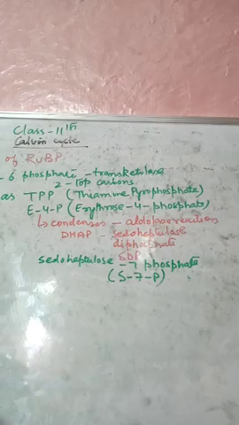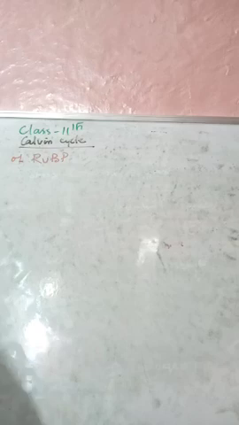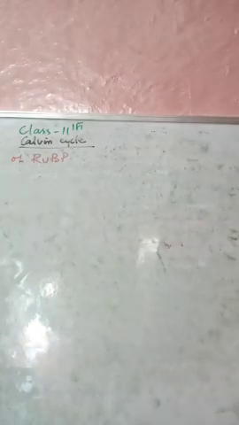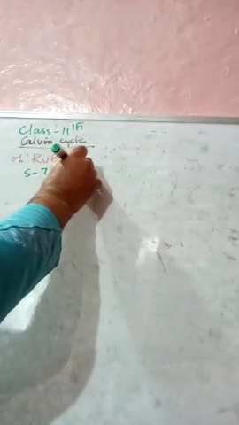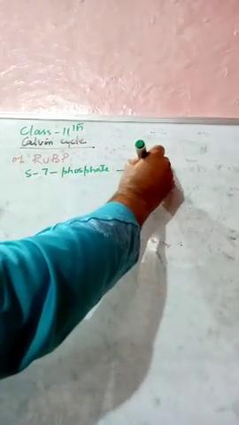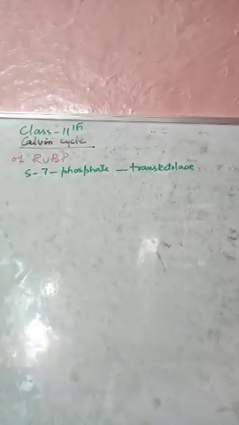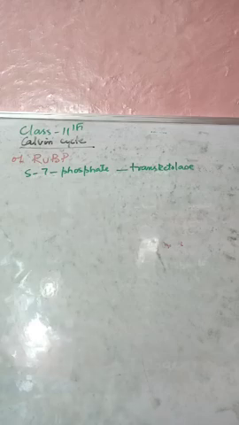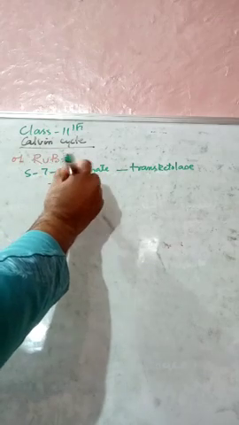So what we will see, this pseudoheptulose 7-phosphate again undergoes a transketolase reaction in which two carbons are removed.